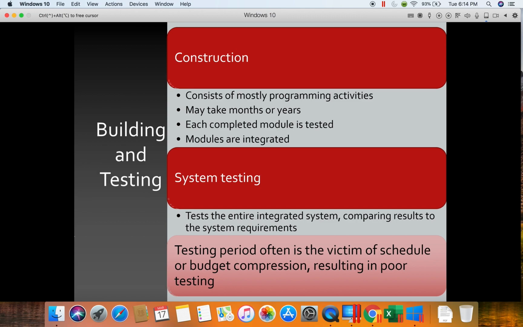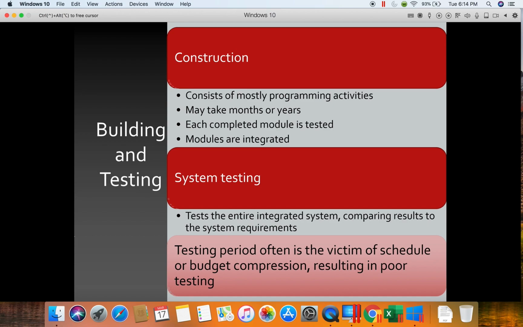We don't just stop there, though. When all of the applications have been completed and successfully tested by themselves, then we have to try to integrate the entire system together and do system-wide testing that is going to test all of the components working together.